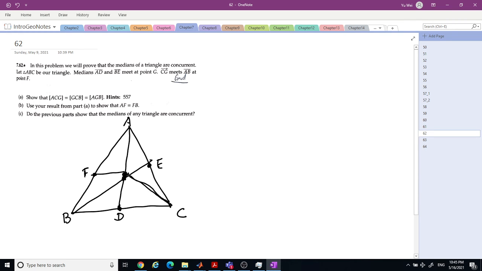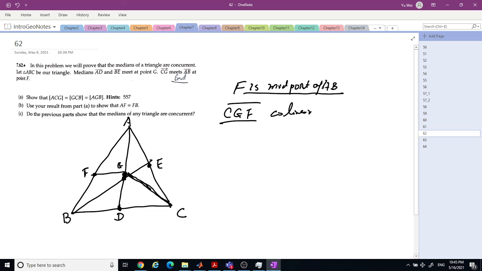In order to prove C, G, F are collinear, let F be the midpoint. Okay, you need to intentionally draw FG and CG not on the same line, and then we prove they are collinear.